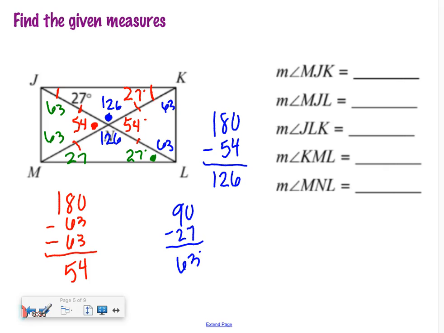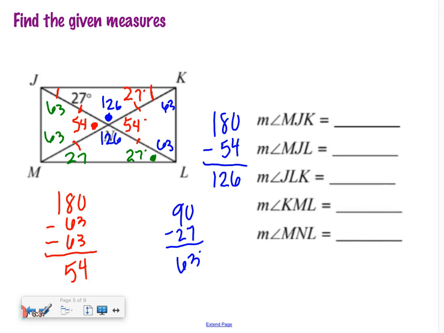Okay, let's go through and figure out what these are. Angle MJK. What'd you get? MJK. So this big corner angle is 90. MJL. MJL is 63.